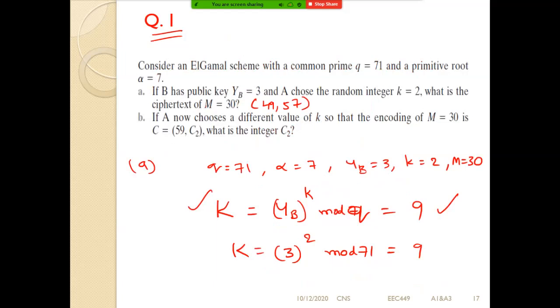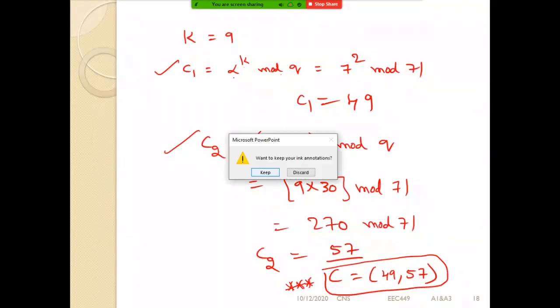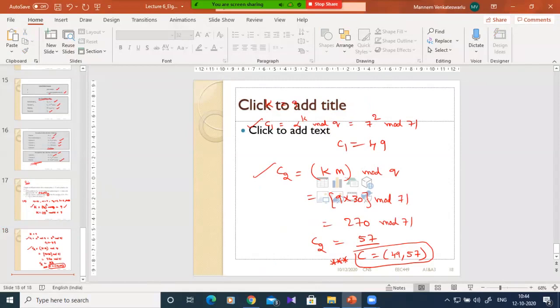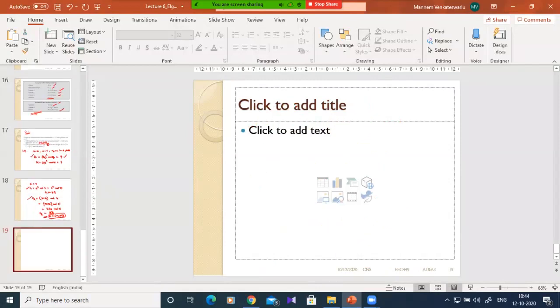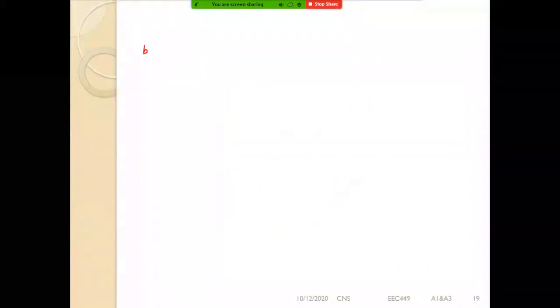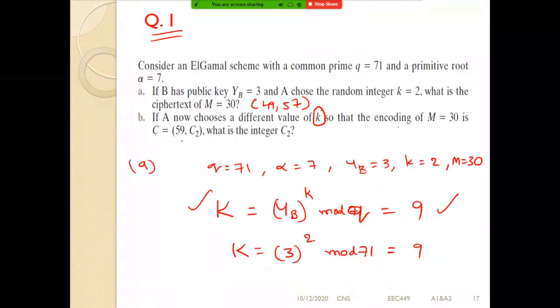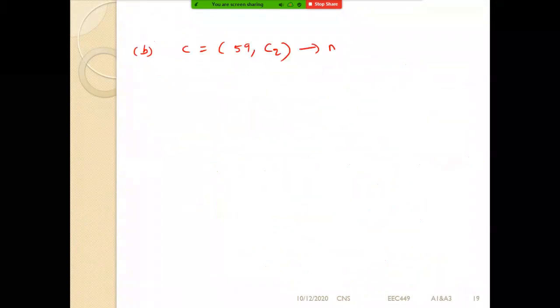Now here he is choosing a different small k, so that C1 is becoming 59. What is the integer C2 and what is the k value, also we have to choose. So how can we do this? So part B is getting C1 as 59, some C2, for same m equal to 30.